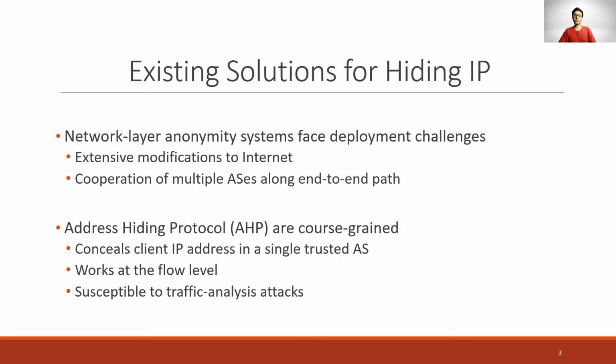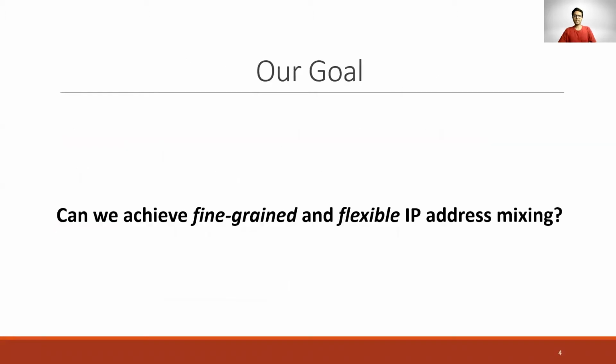Another class of solutions, like the address hiding protocol, are coarse-grained. While they can conceal the client's IP address, they work at the flow level and are susceptible to traffic analysis attacks. Our goal is to design a system that can provide IP address mixing that is both fine-grained and flexible.